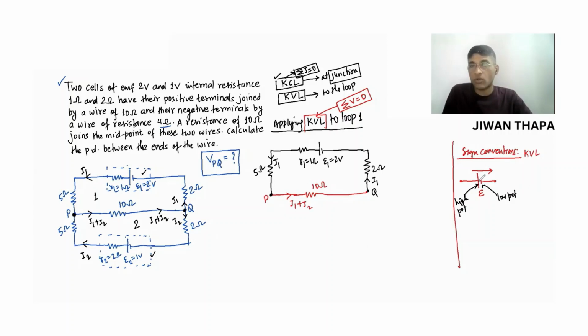So I'm writing in short. If we move from high potential to low potential, this being the direction of motion, then this EMF is taken as negative. This is the sign convention which we apply while applying Kirchhoff's voltage law to the closed path for the cell.